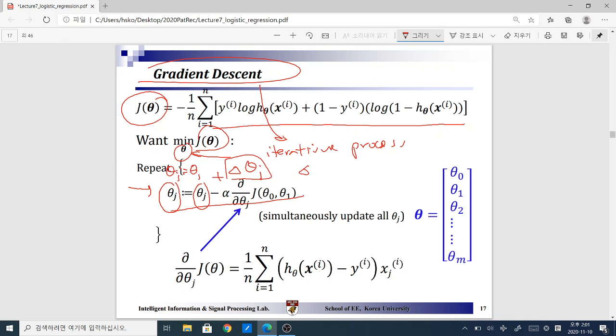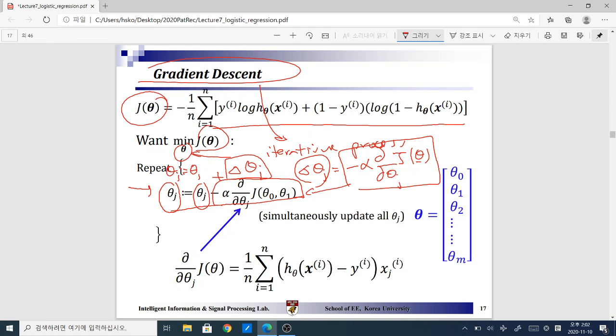And this change of the parameter theta j is essentially the negative of alpha times the gradient of the cost function, dJ d theta j. So this is where this term comes from.